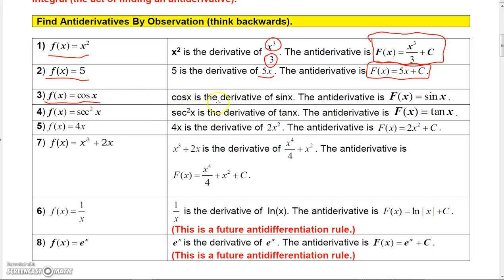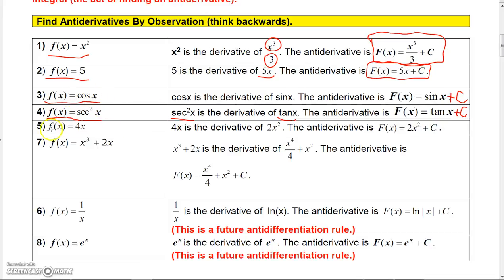So since cosine x is the derivative of sine x, then F of x would equal sine x, and look what I did. I left off my constant. That's a no-no. So it would be sine x plus a constant, and I think I did the same thing on the next one. For secant squared x, remember secant squared x is the derivative of tangent x, so the antiderivative of secant squared x would be tangent x, and again, plus a constant.